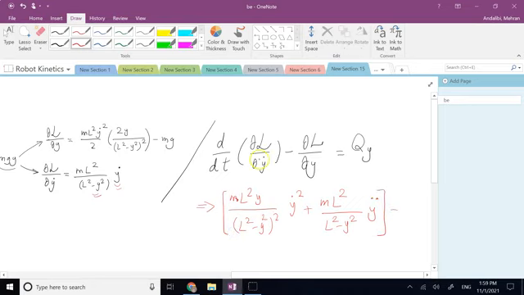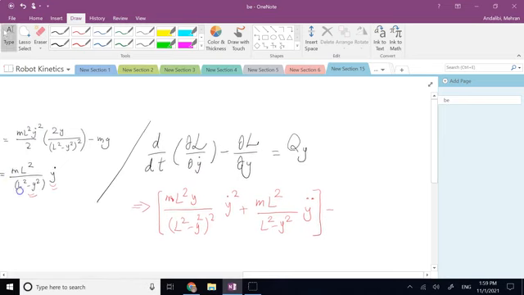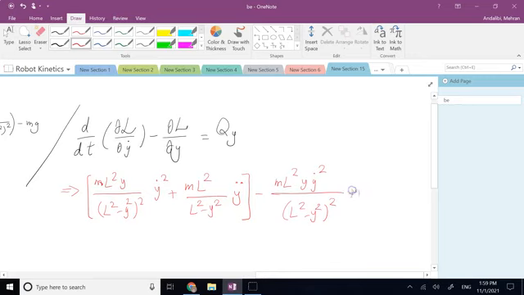Minus the partial of L with respect to y, which is already calculated. These two would cancel out, so you will get mL squared y dot squared divided by L squared minus y squared, the whole thing squared, and then plus mg is equal to.